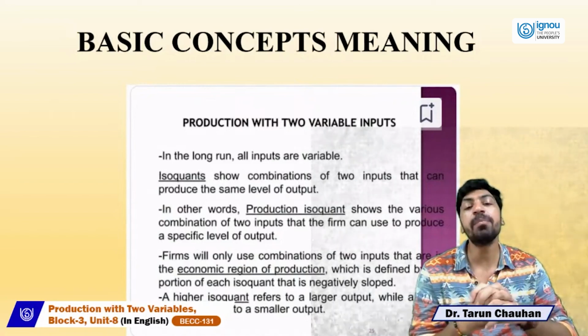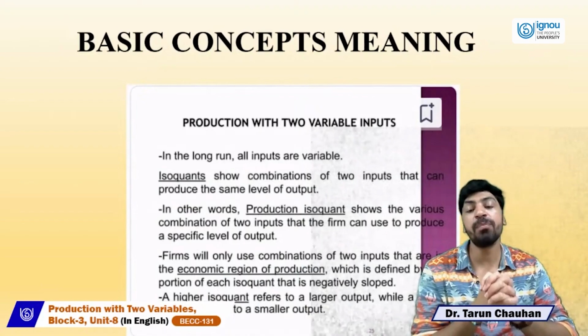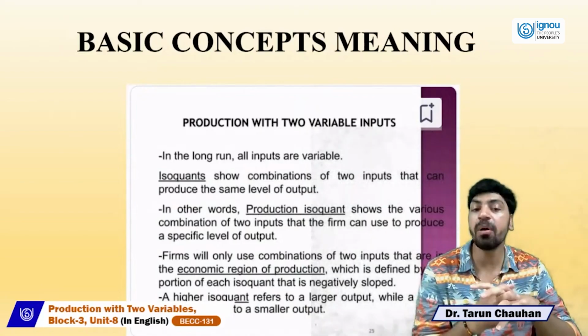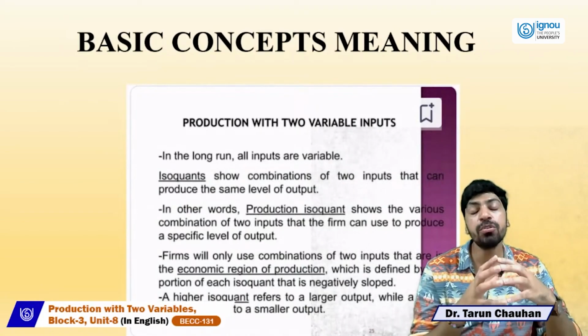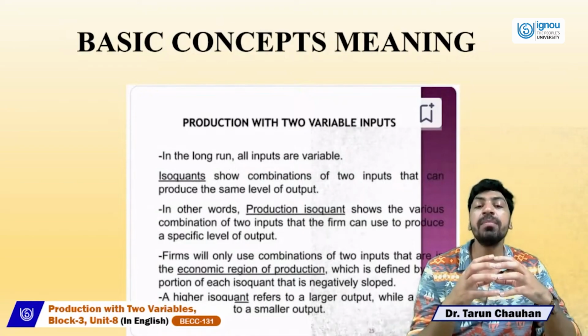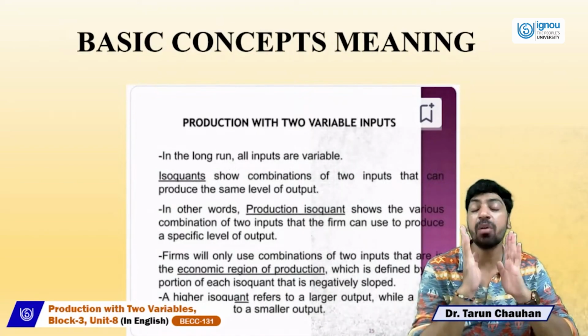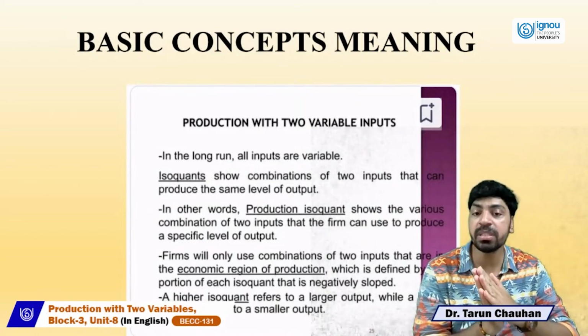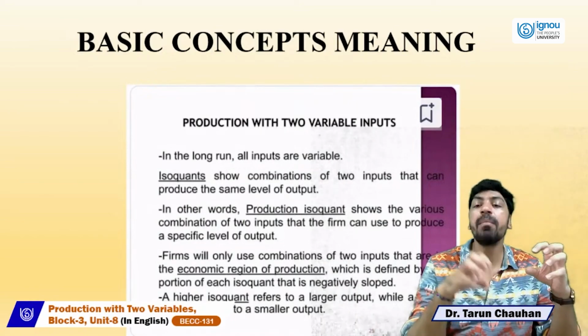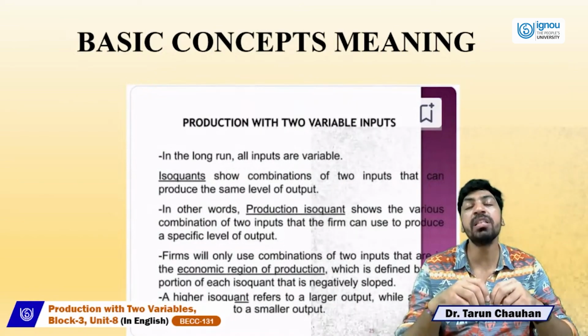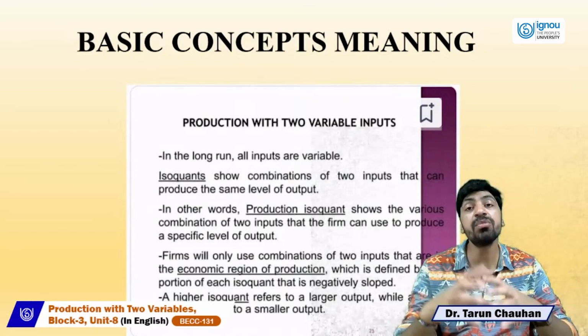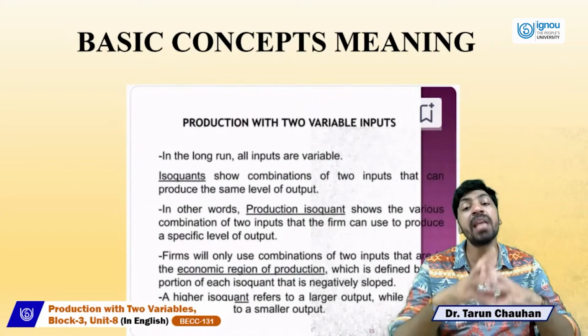The next concept is the economic region of production, which is one of the most important topics. It shows that firms will only use the combination of two inputs in that particular region, which refers to that portion of each isoquant which has a negative slope.